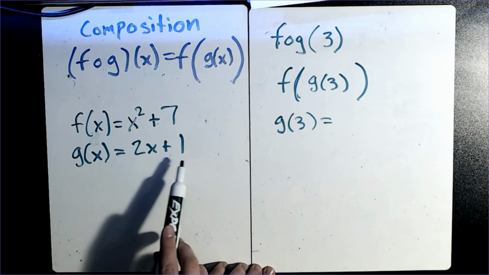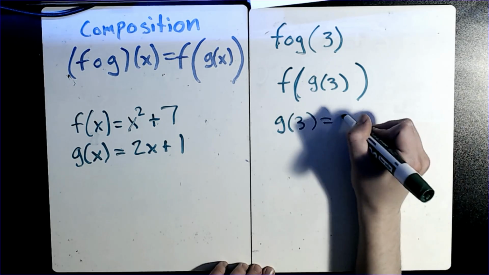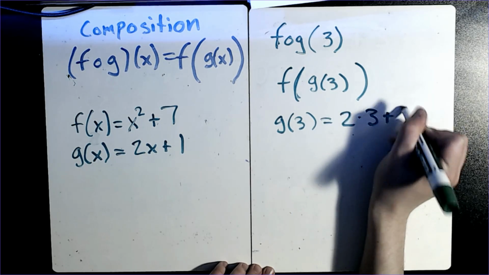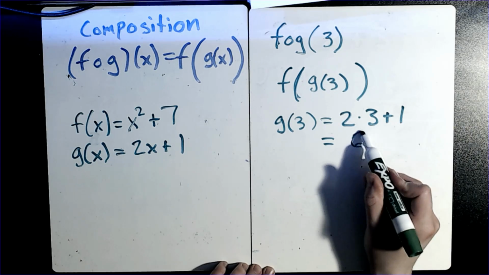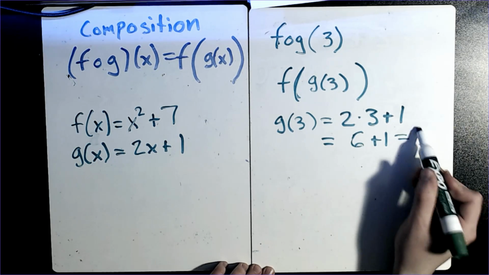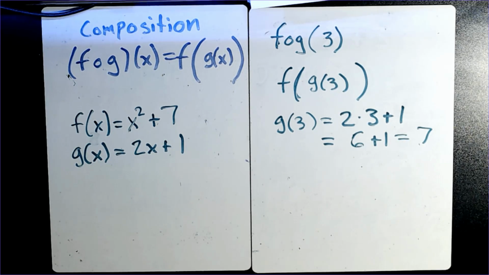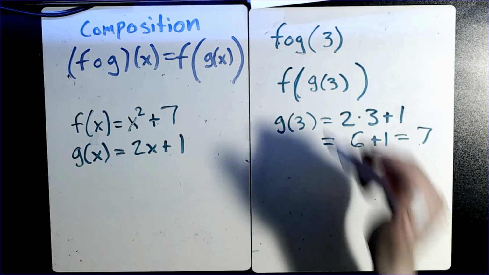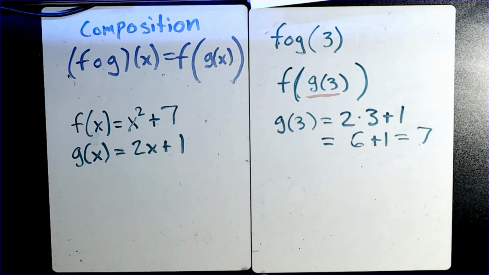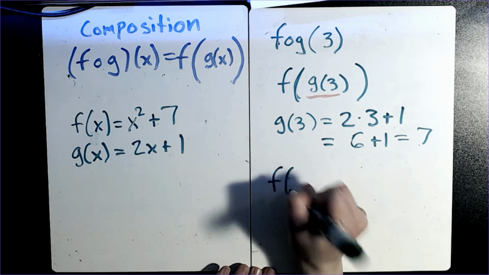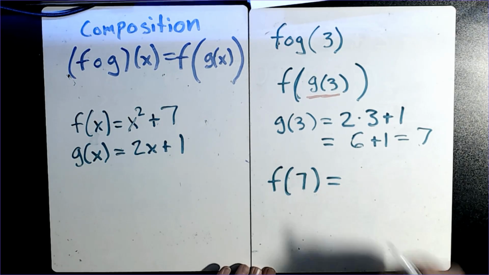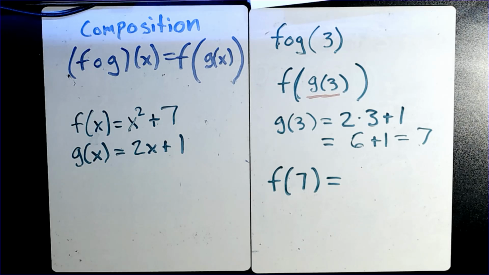This is g of x. We replace the x with 3. So 2 times 3 plus 1. So we get 2 times 3 is 6 plus 1 is 7. So g of 3 is 7. So this part on the inside here, this g of 3 right there, that is 7. And so we're going to take that answer and plug it into f. So we're really trying to find f of 7. That's what we're doing here.